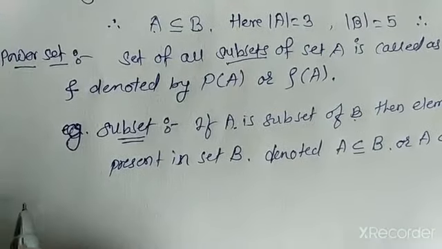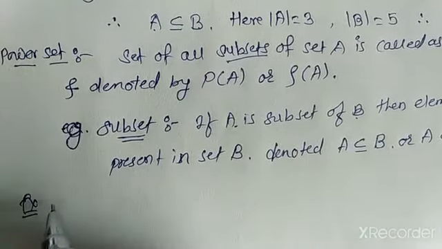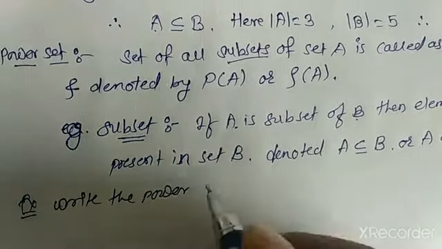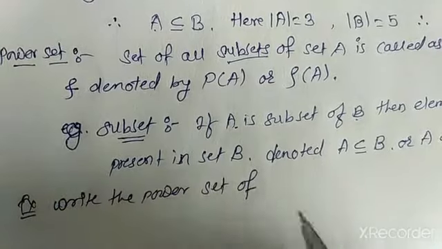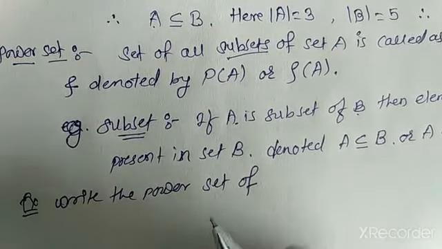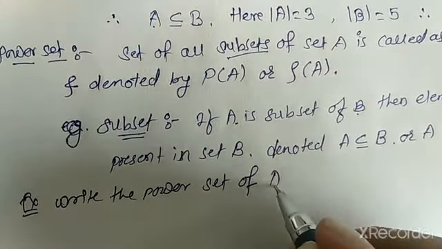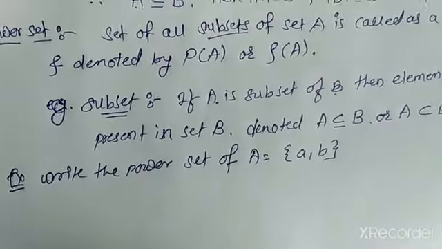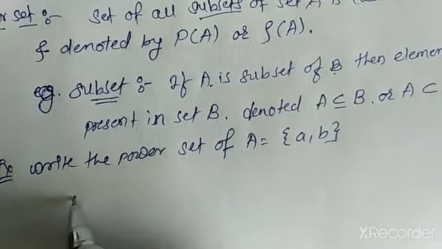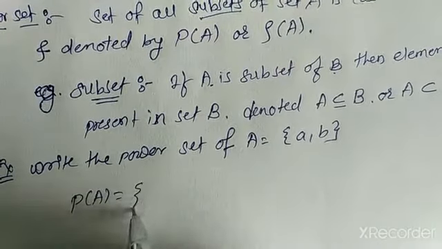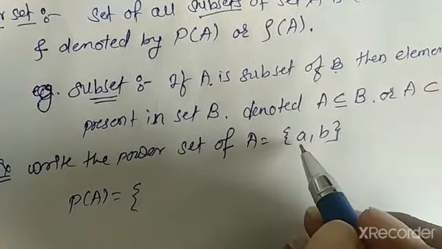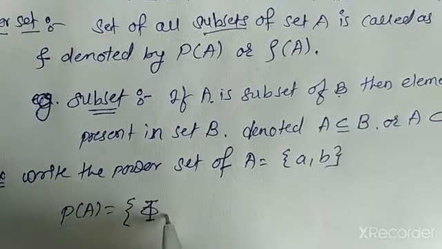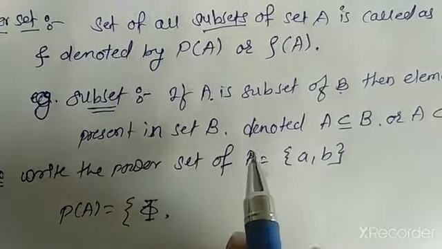Now examples related to power set. Write the power set of A equal to {a, b}. Here for the power set of A, you only have to write the subsets of A. We start from the empty set, because the empty set is a subset of any set.